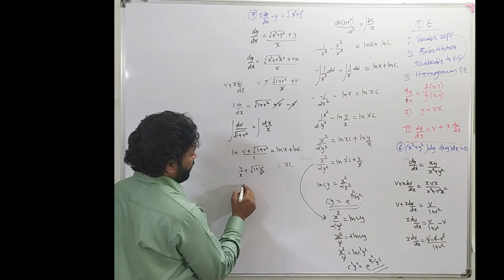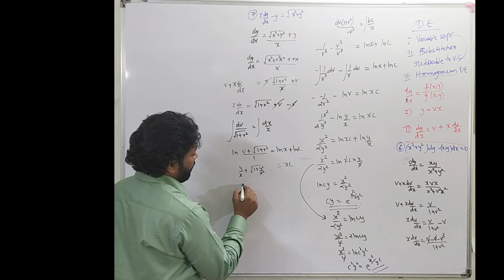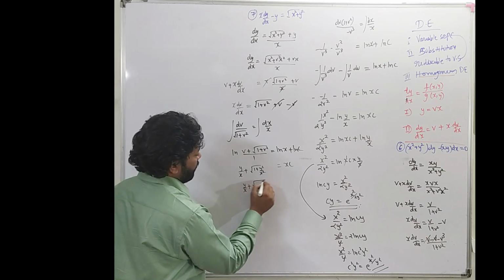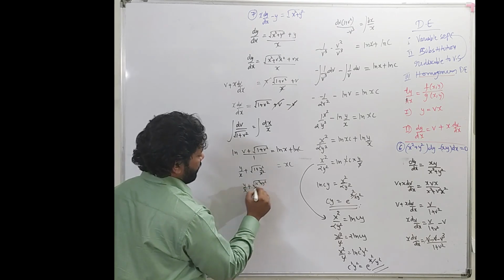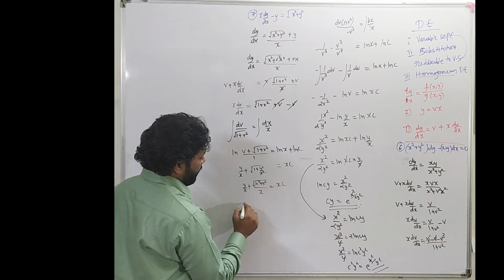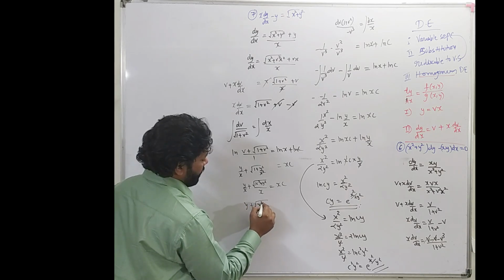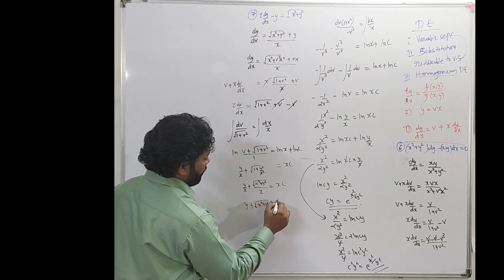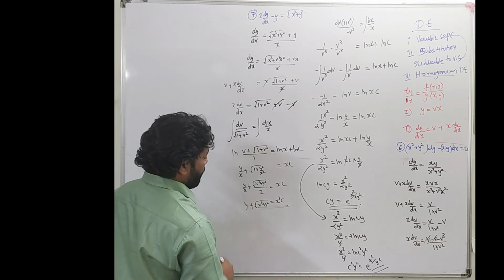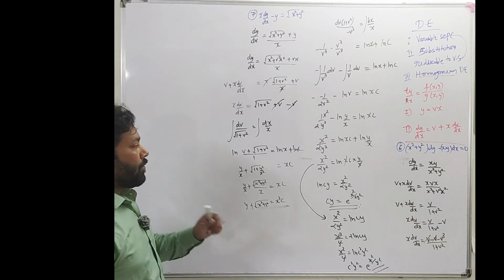This would be y by x plus square root of x square plus y square by x is equals to xc. Y plus square root of x square plus y square will be equal to x cube c. So this is the solution of this differential equation.